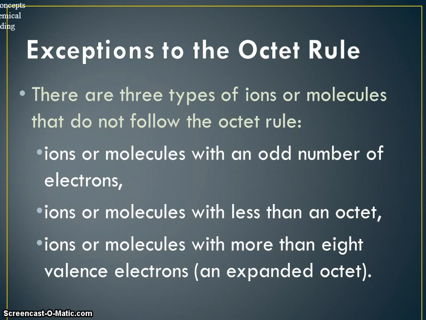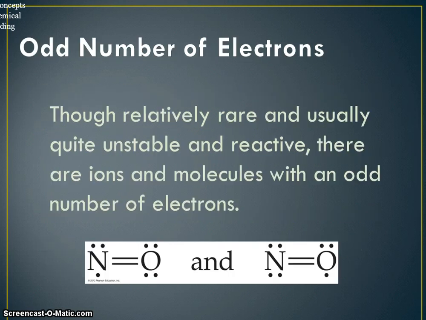But there are also other elements like boron and aluminum that you'd like to know about. And then finally, there are some elements that exceed the octet, and those are elements that you've heard of like phosphorus, like sulfur, like chlorine. They all have the potential, when they're the central atom, to go beyond that octet.